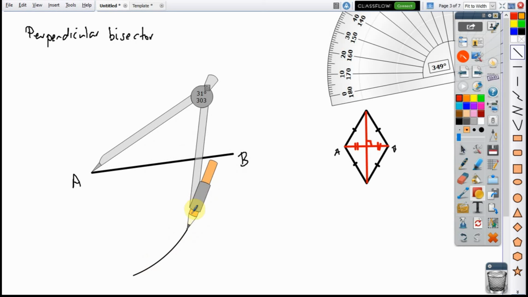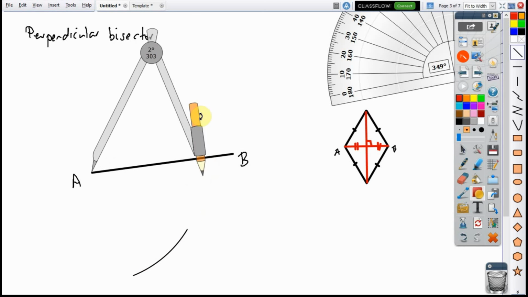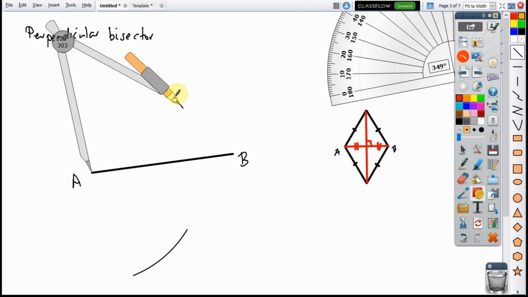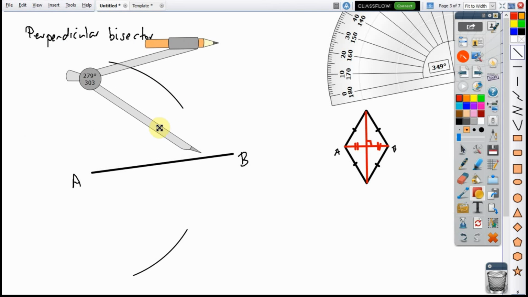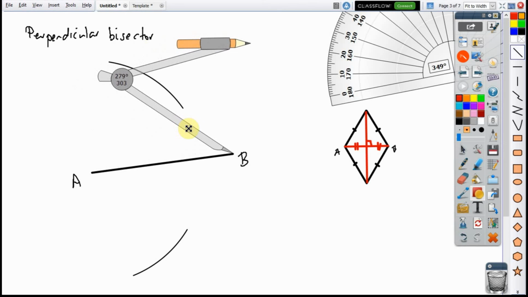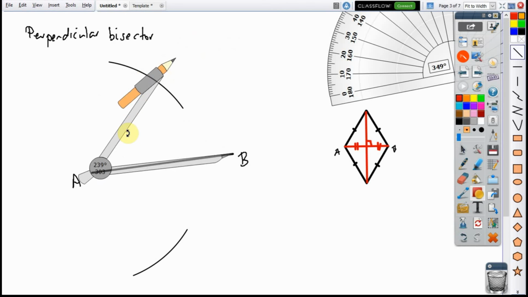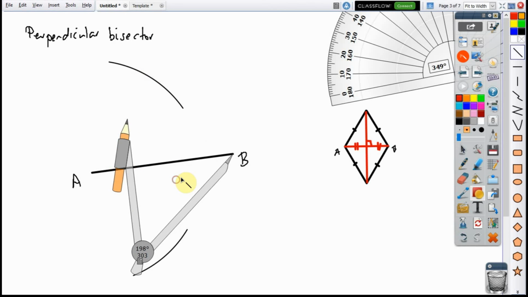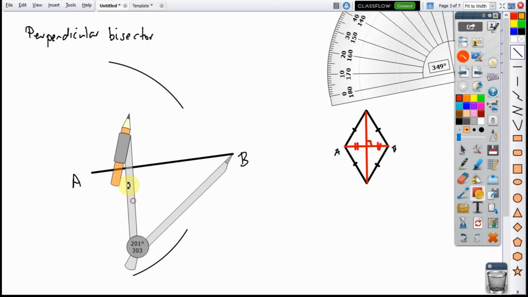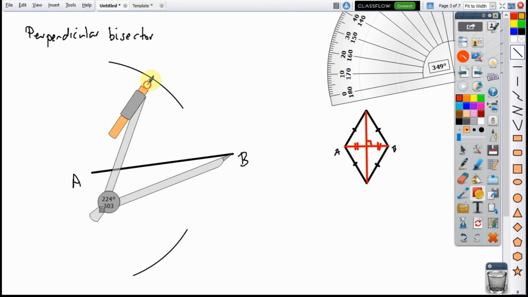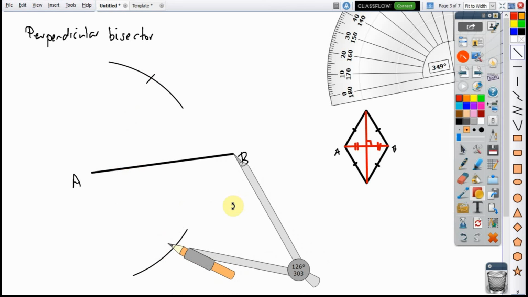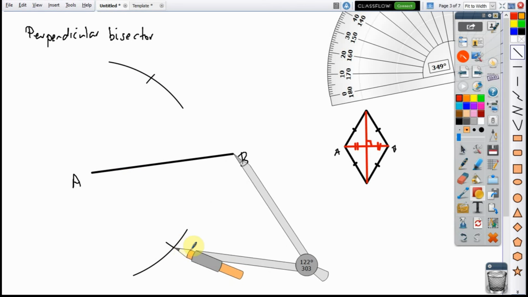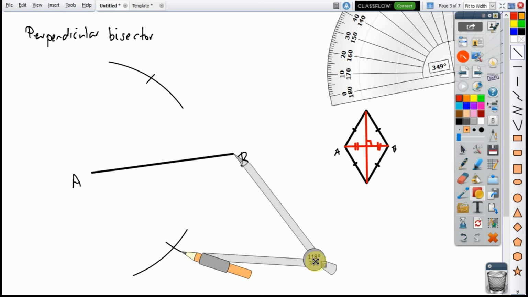So what I can do, I can draw in these arcs here. If I now repeat that procedure, compass point on B as perfectly as I can, that's pretty good. And then we're interested in where these arcs intersect the first arcs.